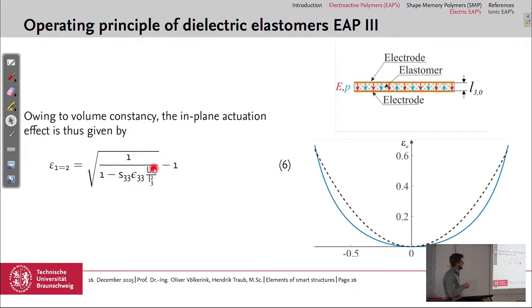So this is the applied field again, and if we plot it, we get this blue line. It's not an actual material, just to give you an impression of how it behaves. We have the applied field here and the strain in this direction, and it doesn't matter in which direction we apply the field. It gives us the in-plane stretching.